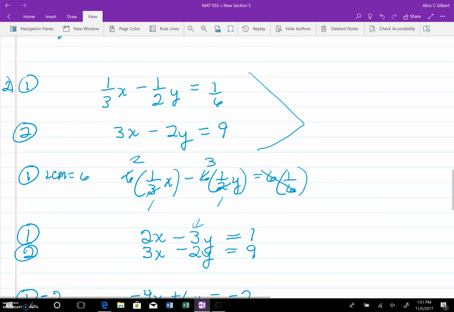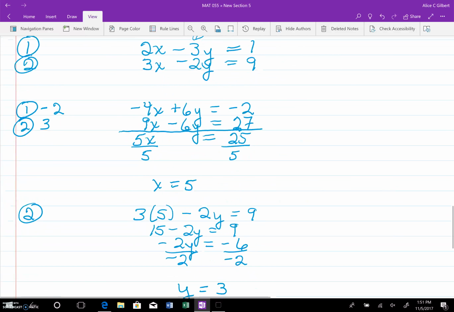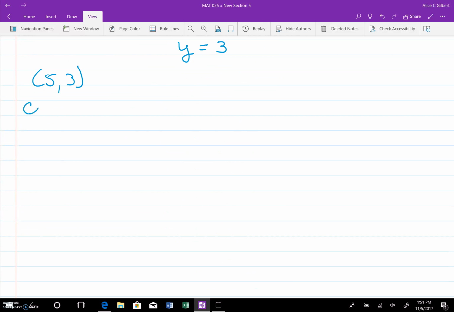Now to check it, I have to put it into the original equation again. So let's do that. Now don't let the fractions freak you out. So equation number 1, 1/3 x minus 1/2 y, and I'm getting my x and my y from these guys right here, equals 1/6.